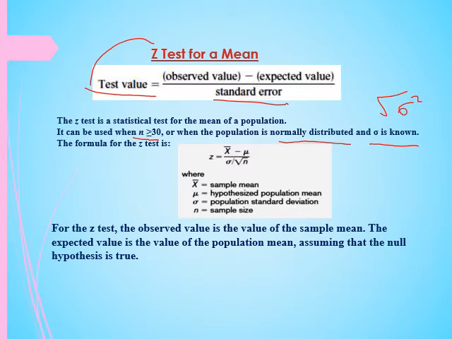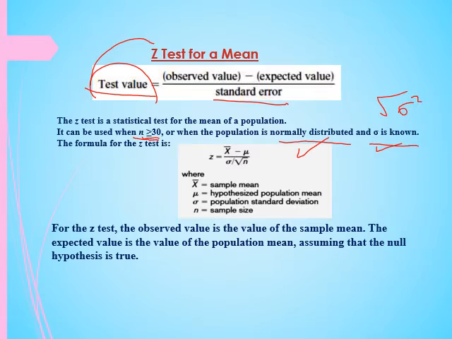So if we know the standard error and the population is normally distributed and the sample size is greater than or equal to 30, we can easily use the z-test to get the test value and follow the hypothesis testing steps.